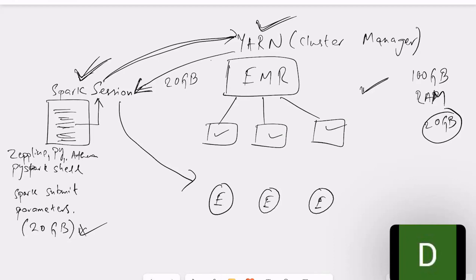So now what executors will do is, okay, so executor is the third component of the Spark architecture. Okay, this is the third component of the Spark architecture. So now executors, what they will do is they will basically run these set of instructions on the cluster.